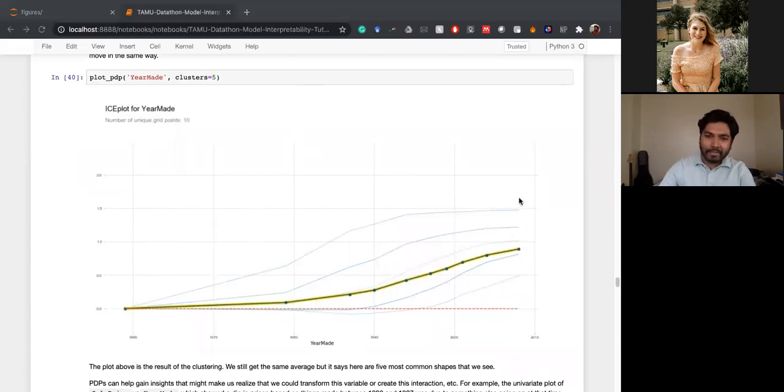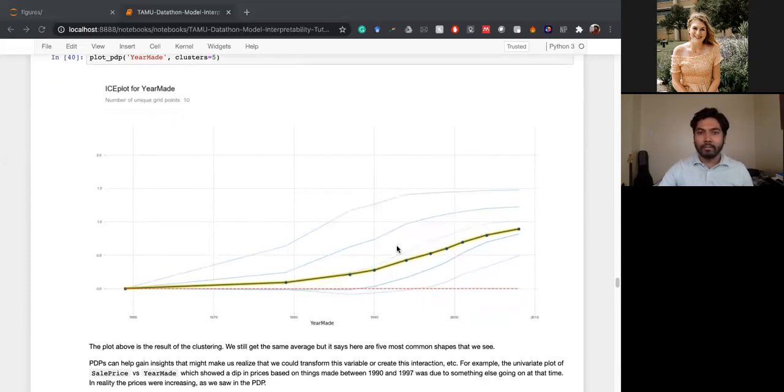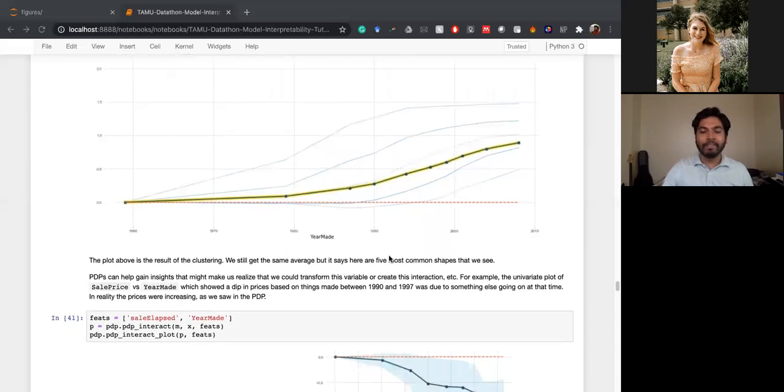It's interesting to see that there are some equipments whose price has flattened out after 1990. Depending on your use case, it's worth investigating why the price for some equipment stagnated. And obviously, the next step would be to talk to your client or a domain expert and see if these things make sense.